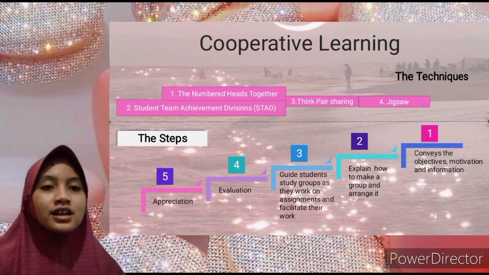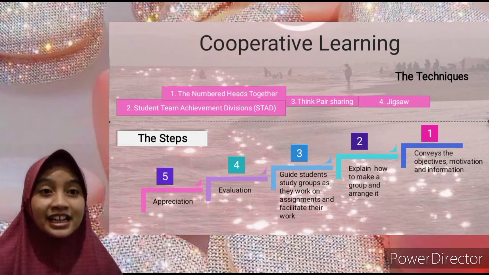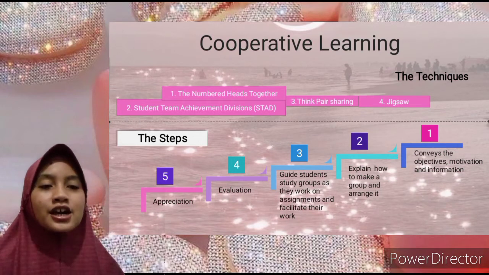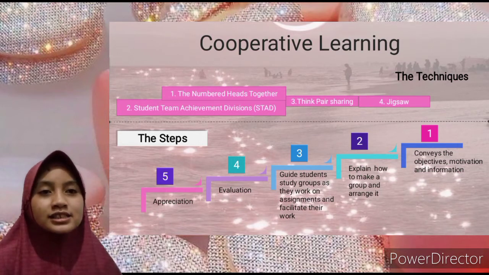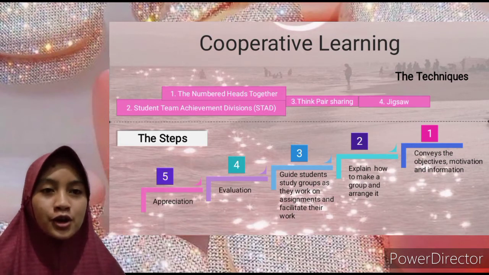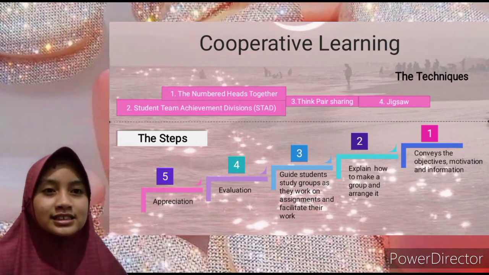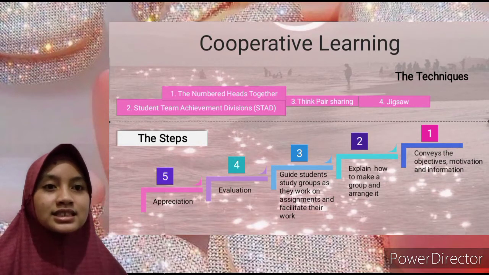The technique of cooperative learning. These techniques are usually used in cooperative learning based on the relationship between subject content, context, activities, learning, and lesson objectives.